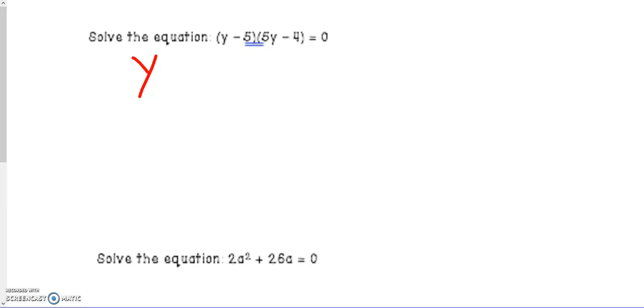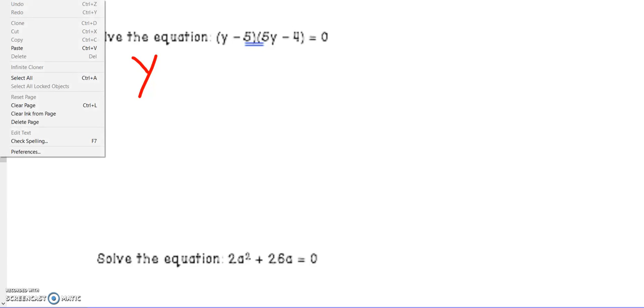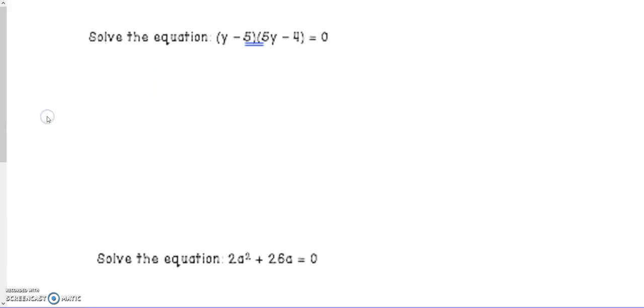Alright, so you guys have your foldable, and it has the zero product property at the top, and it has the 6 little flaps that are going to fold inside. Okay, so this one is example 1. We have y minus 5 times the expression 5y minus 4 equals 0.